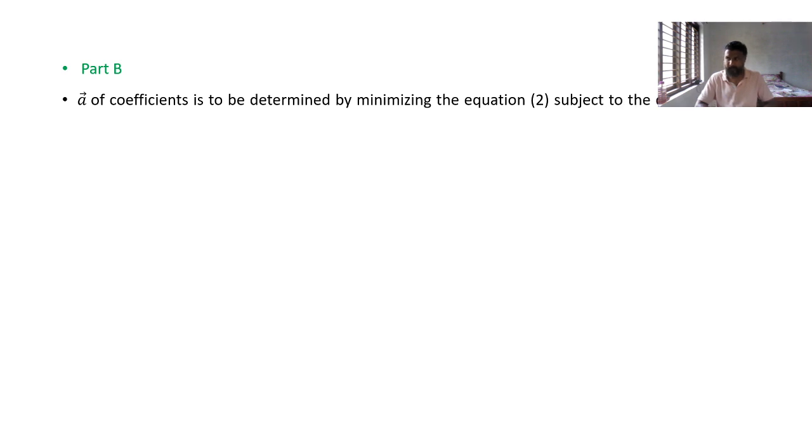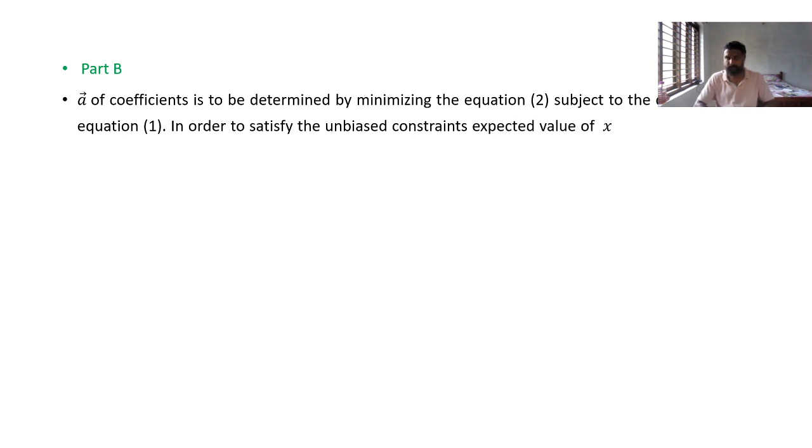In order to satisfy equation 1, the unbiased constraint, the expected value of x of n must be linear in theta.